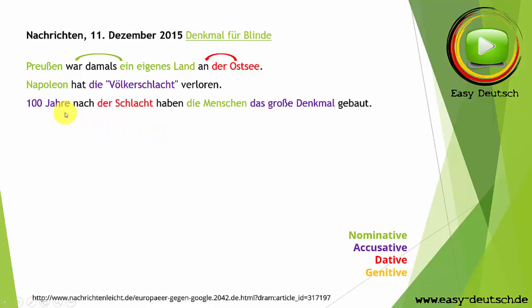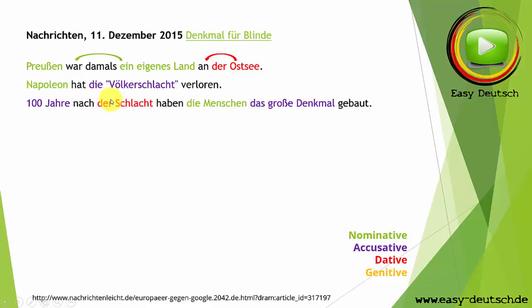100 Jahre nach der Schlacht haben die Menschen das große Denkmal gebaut. 100 years after the battle, the people built the huge or the big memorial. 100 years is accusative case because it's a time without preposition in front. A time without preposition in front is accusative case, always.